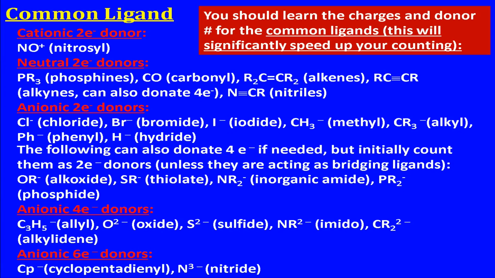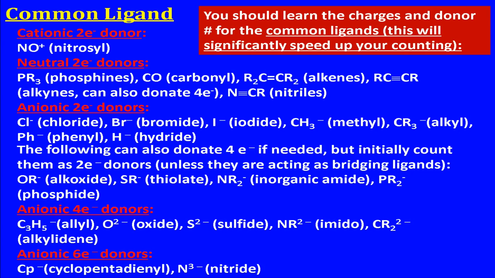What are the common ligands used? We have a cationic 2 electron donor ligand, nitrosyl. We have neutral 2 electron donor ligands such as phosphines, carbonyl, alkene, nitriles.